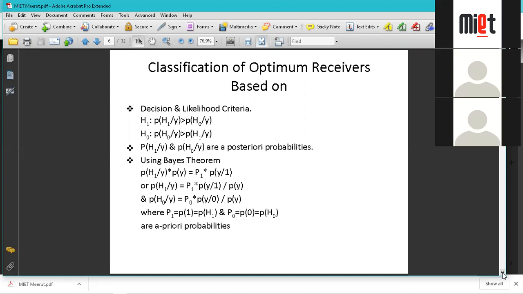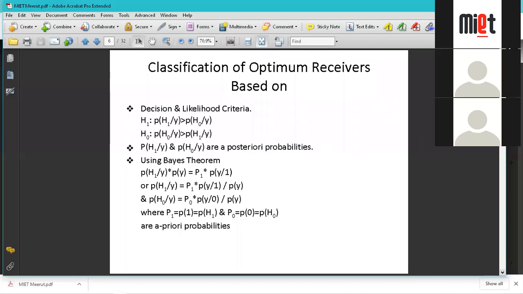So let's take a decision that the result will be hypothesis 1 if the probability of hypothesis 1, when Y has been received, is greater than the opposite part.